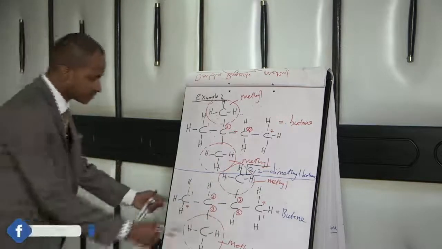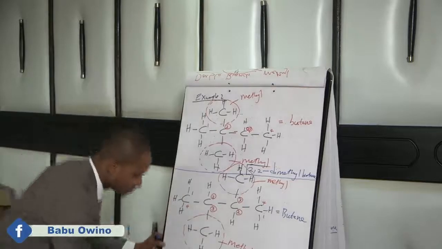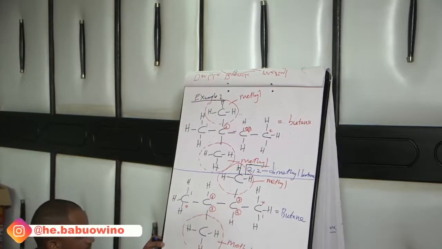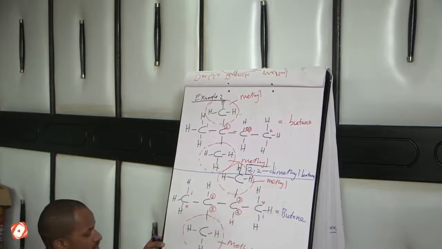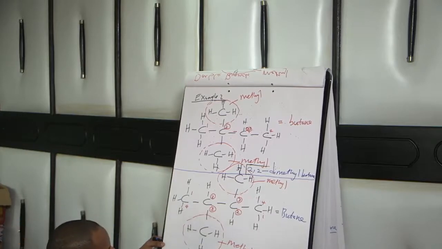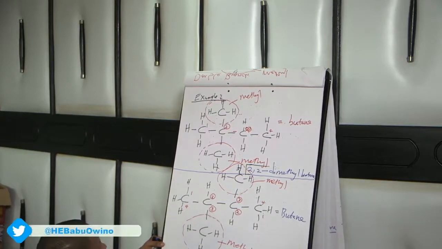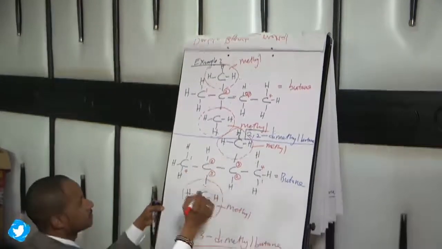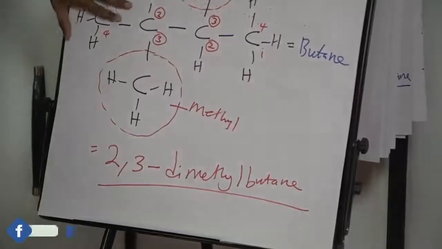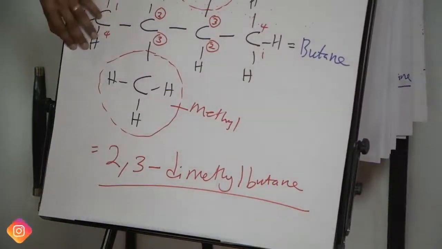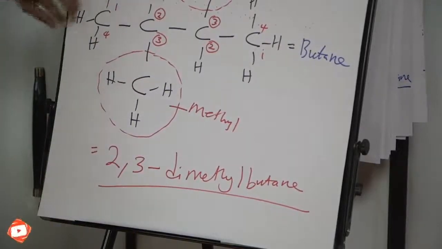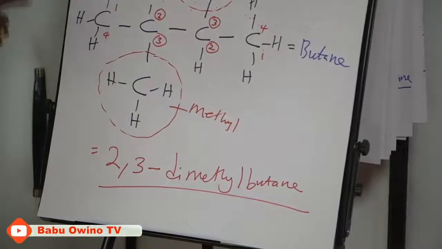So you can start with this or like this. You simply name it as 2,3, then there are 2 methyls, you say dimethyl butane. So class, as you can see, this is our naming with the double branches. This is example 3.